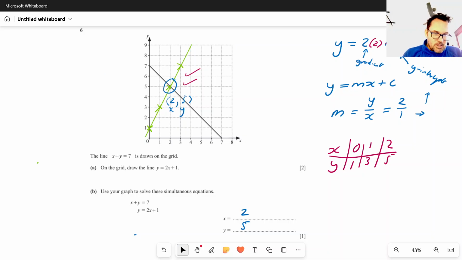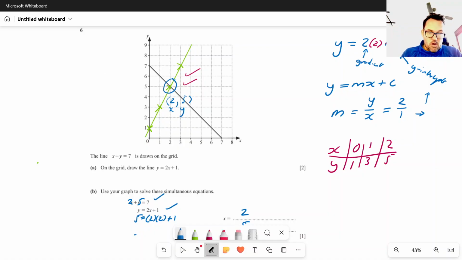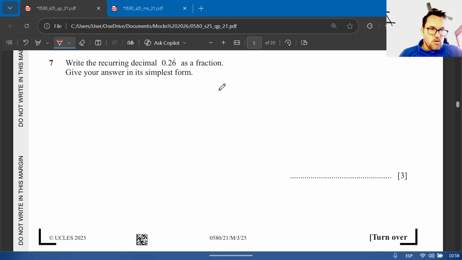Makes sense because 2 plus 5 is 7. And here if y is 5 and we make x 2, 2 times 2 plus 1 is 5. Bam, that's also correct. It's only 1 mark, it should be easy, should be quick, or they would have given it more marks. And that's it. Question 6 done.